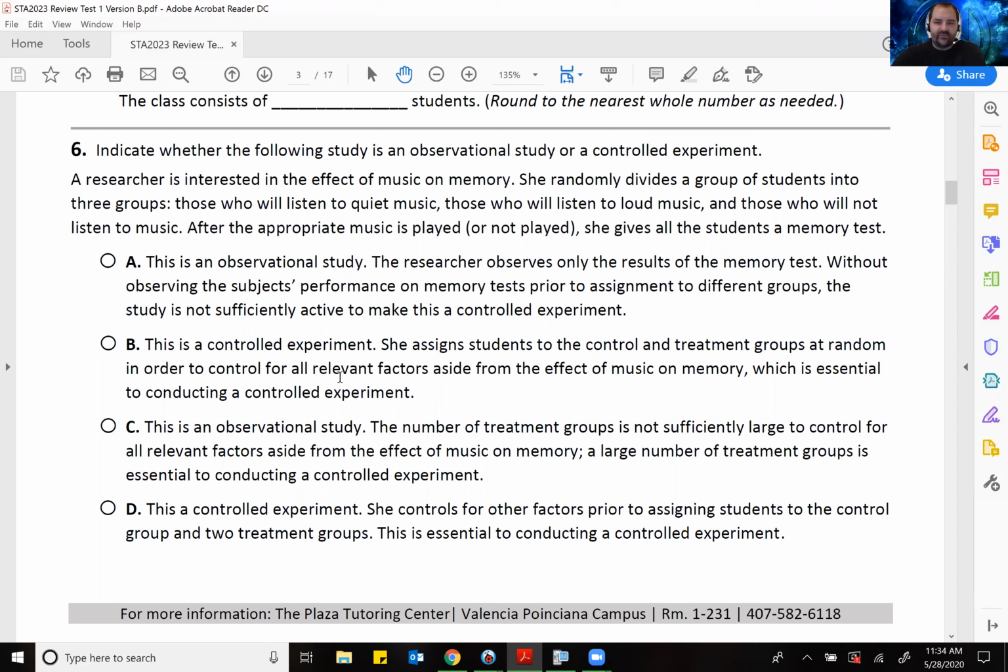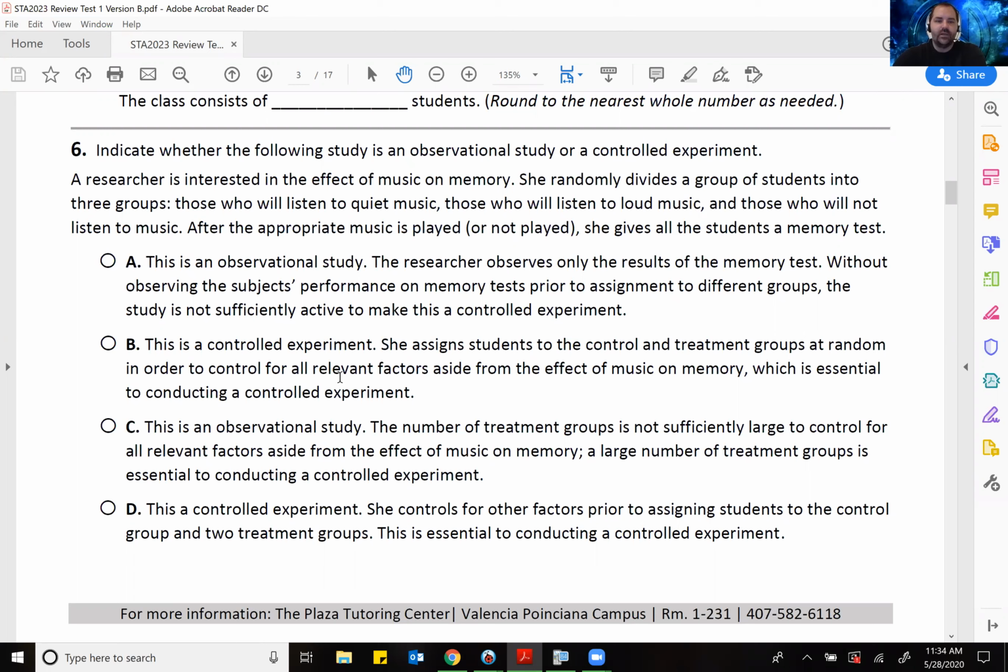She randomly divides a group of students into 3 groups: those who listen to quiet music, those who listen to loud music, and those who will not listen to music. After the appropriate music is played or not played, she gives all students a memory test.